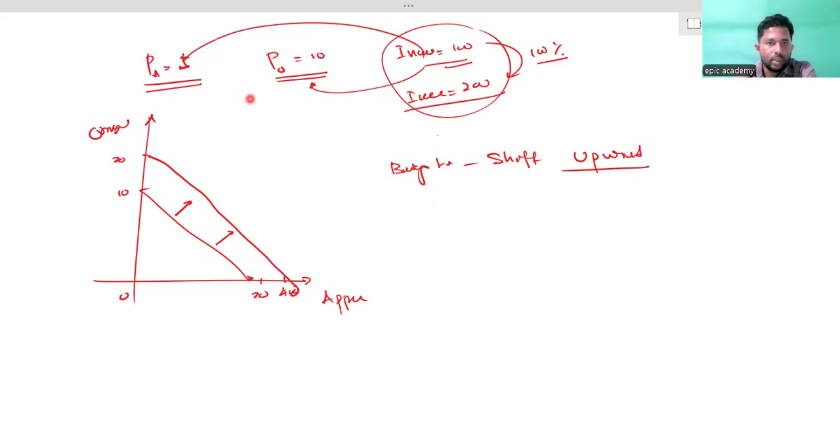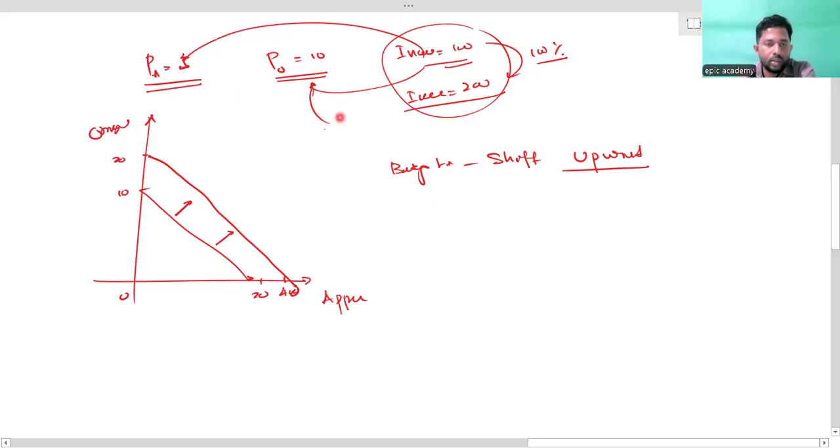So now you have to identify in the IC curve, if the consumer income increases, the budget line shifts upward. Then what happens if the consumer income becomes $50? Definitely the consumption of apple becomes 10 and orange becomes 5. Then the budget line shifts backward.